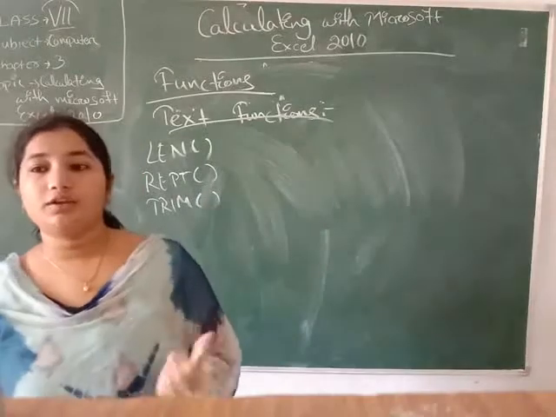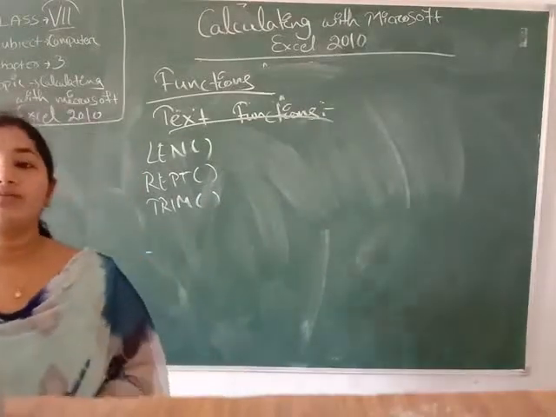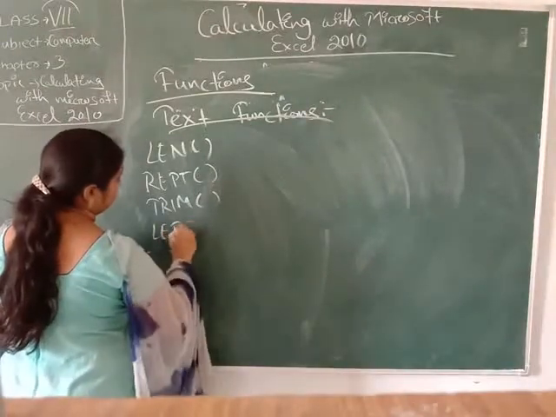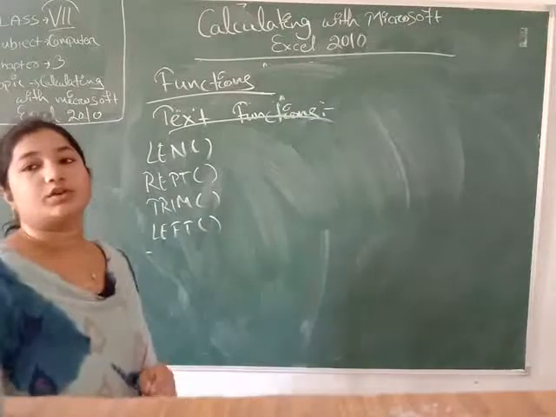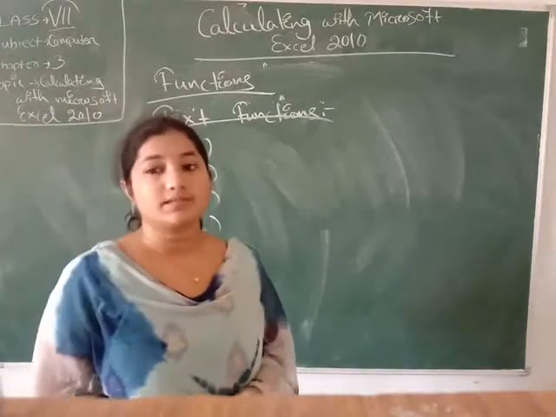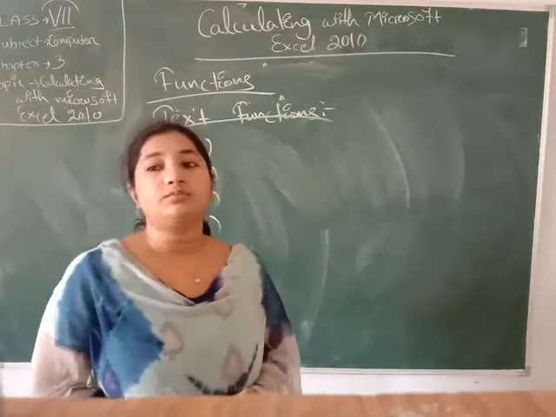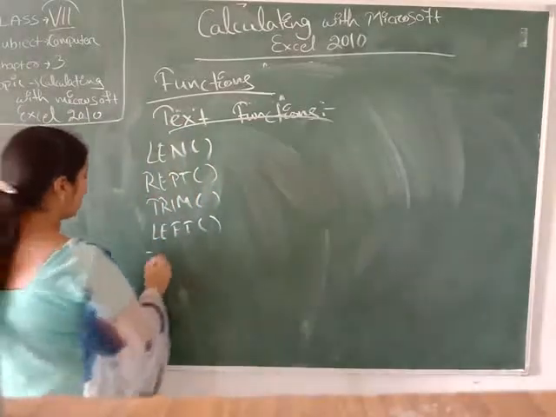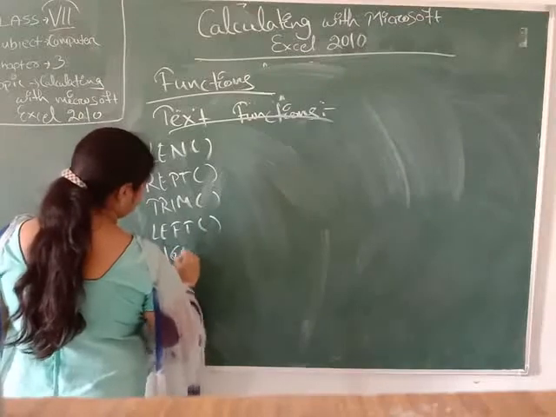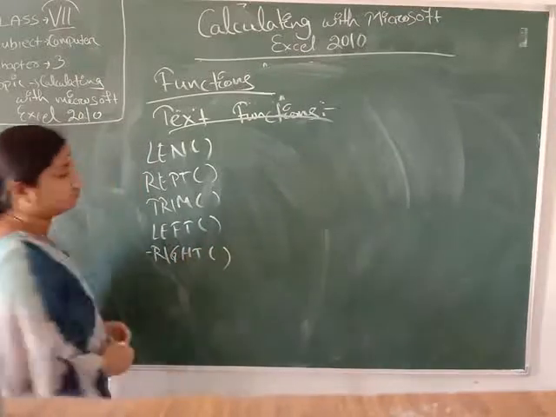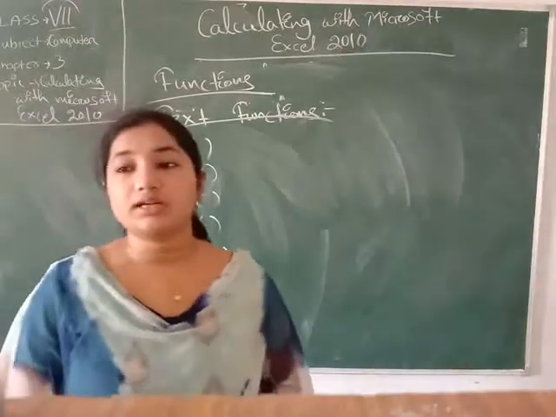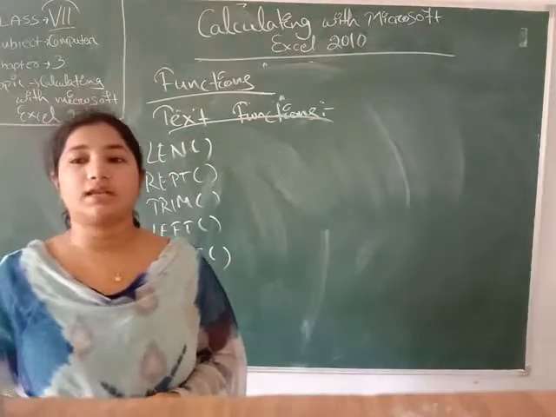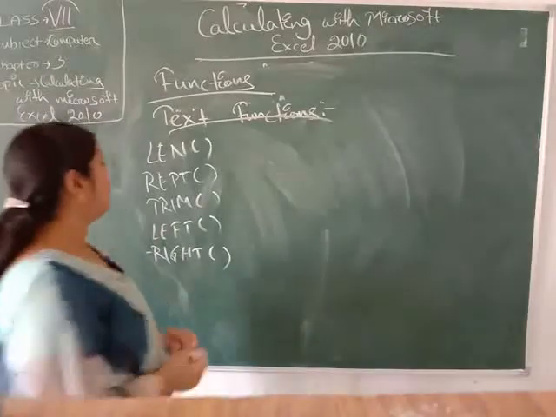It removes unwanted spaces from cells. Next is LEFT. LEFT extracts a specific number of characters from the start of a cell. The next one is RIGHT. It extracts a specific number of characters from the end of a cell. The next one is MID.